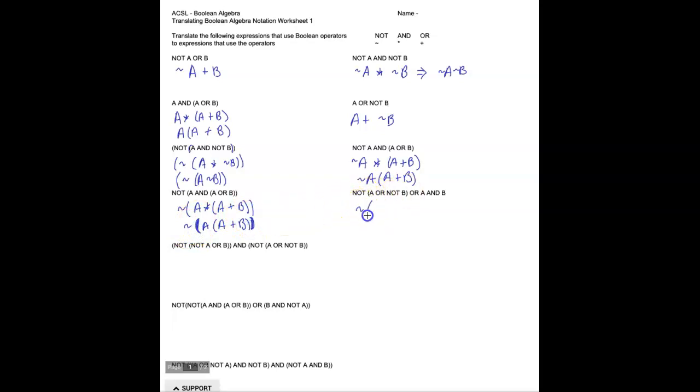Here, not A or not B, end of parentheses, plus A and B. You could also rewrite it this way with the A and the B just written next to each other to show multiplication.